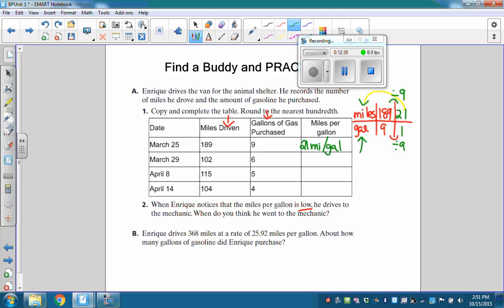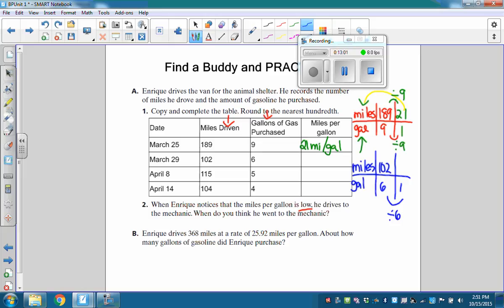Okay, so Maggie, help me with the next one. Figure out the miles per gallon for March 29th. How many miles were there? 102 and 6 gallons. So if I have to get a unit rate, I need a 1 here. What do I have to do? You have to divide by 6.